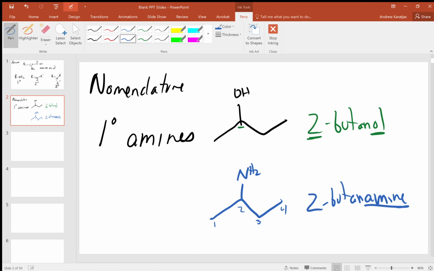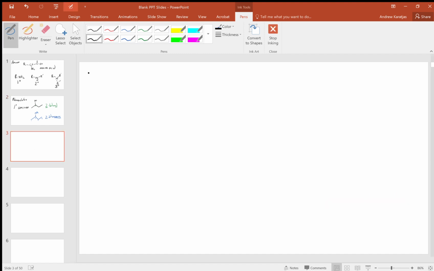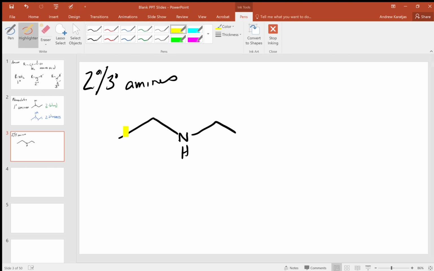So where this gets more complicated is when we get into secondary and tertiary amines. In many cases, we use what we would refer to as common names. And so for a compound like this, we would name the two R groups.